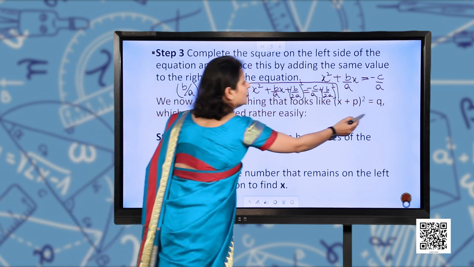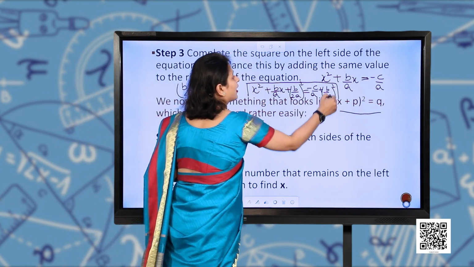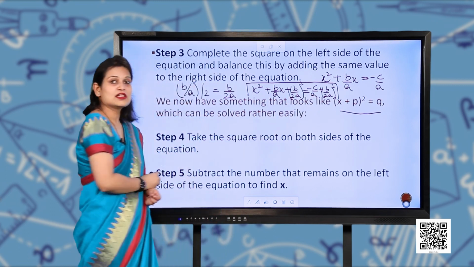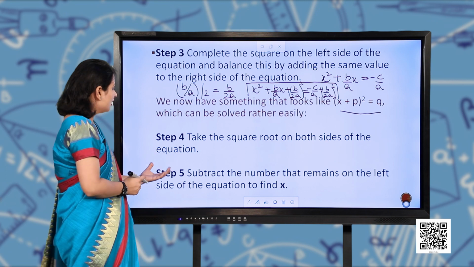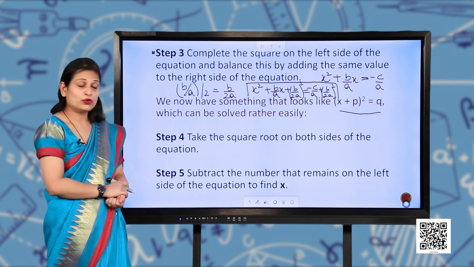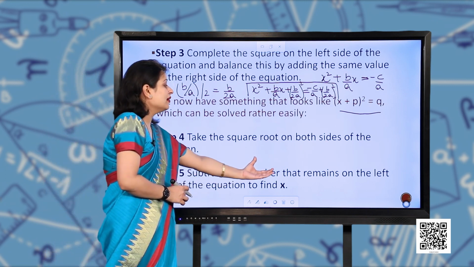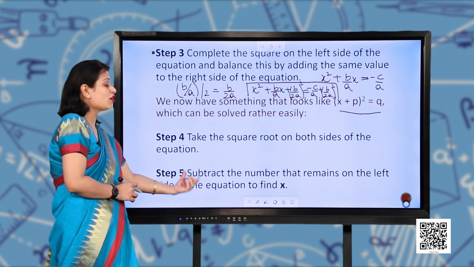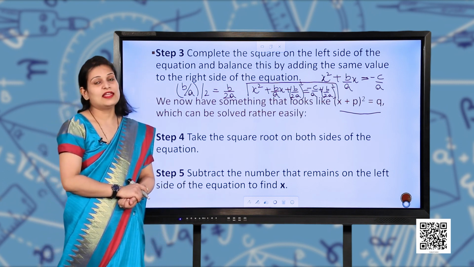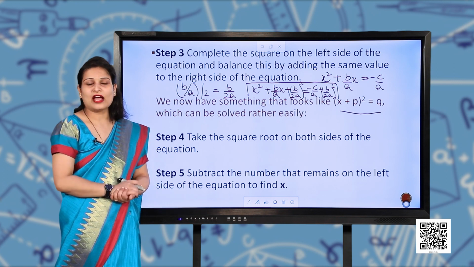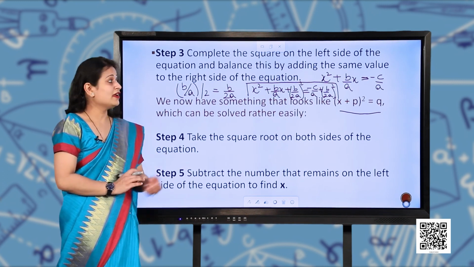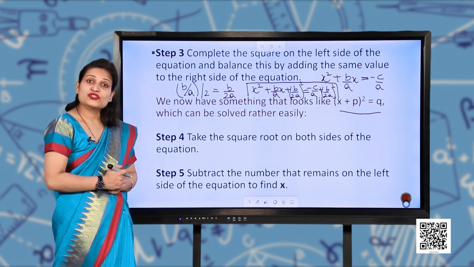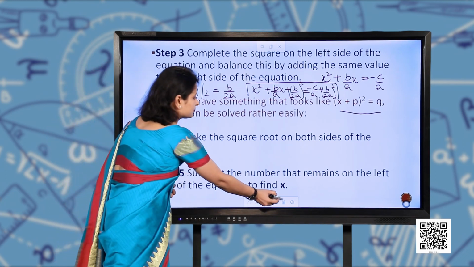As you have this kind of an equation, you can take the square root of it. In step 5, what will you do? Subtract the number that remains on the left side of the equation to find x. So we can easily find the value of the variable x here. Let us understand it more easily by solving some examples.